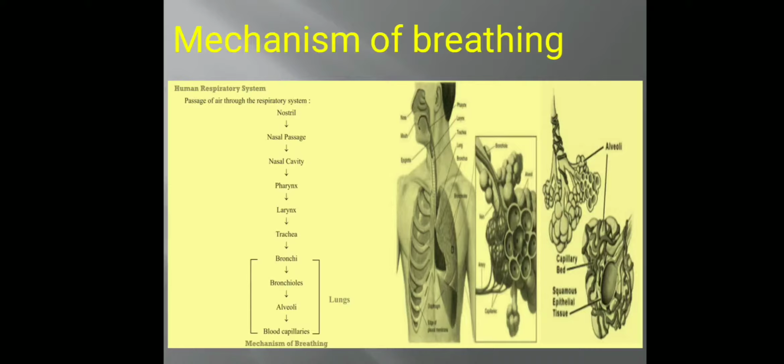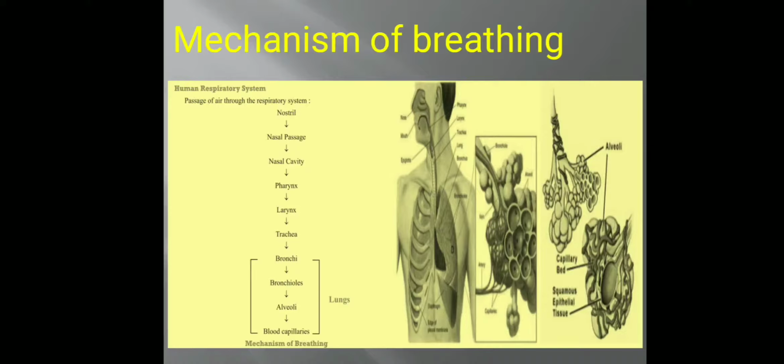The many small branches, bronchi, break into bronchioles. Tiny bronchioles open into numerous sac-like structures. You can see in the nearby figure where it opens into a very small sac-like structure, that is called alveoli. You must be astonished to know that more than 300 million alveoli can be accommodated here. And in the alveoli, there is one important factor.